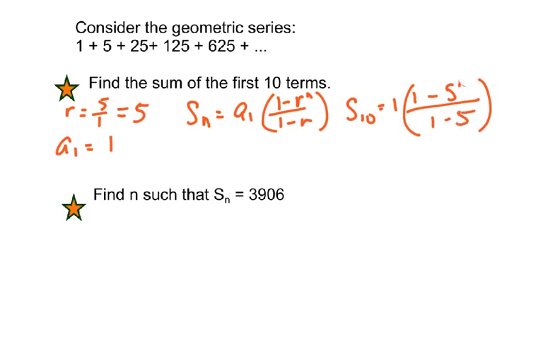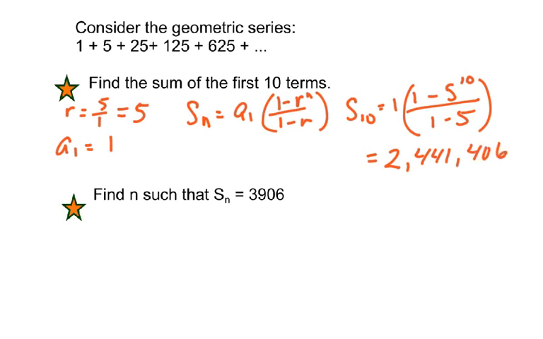That actually looks a little bit more like a 16. Let me fix that. The 10th power over 1 minus 5. I would go ahead and plug that into your calculator. It's an awfully big number, 2,441,406.